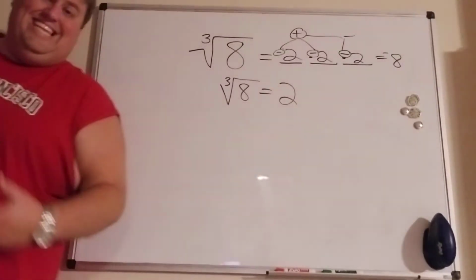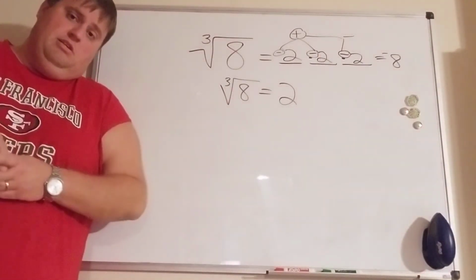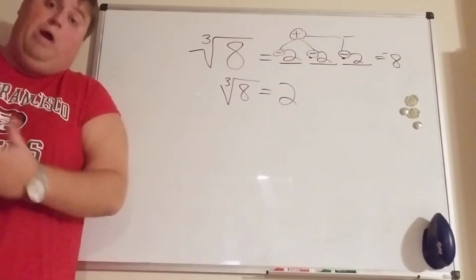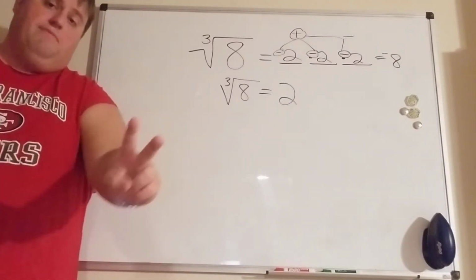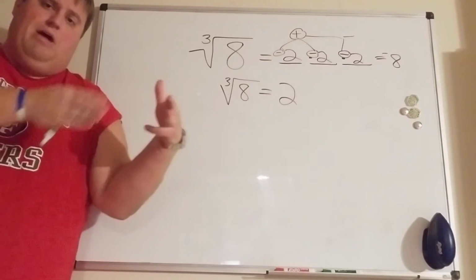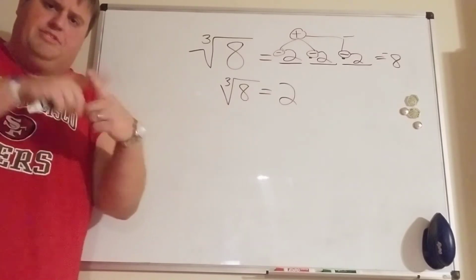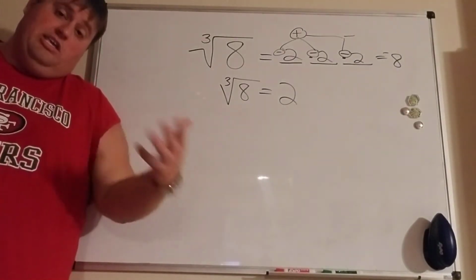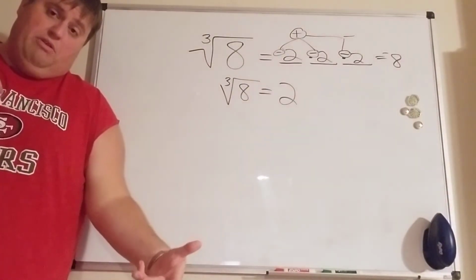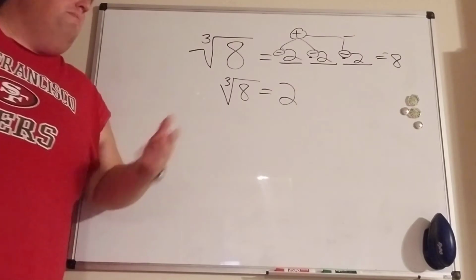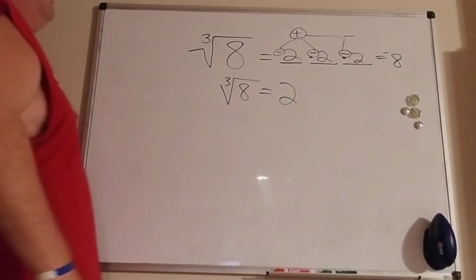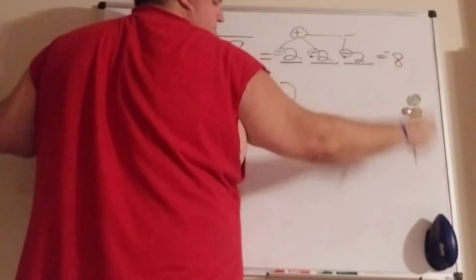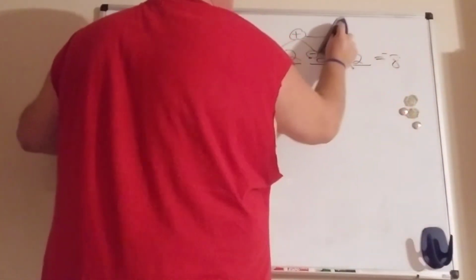So, if it's an even root, the 4th root, the 6th root, square roots, those are going to have 2 answers because there's an even amount of negative signs. They're going to cancel each other out as they go. If it's an odd root, like a cube root, which is what we're going to deal with mostly, then there's only going to be one answer because there's going to be an extra negative at the end that's going to make our answer negative. So, what does that mean?